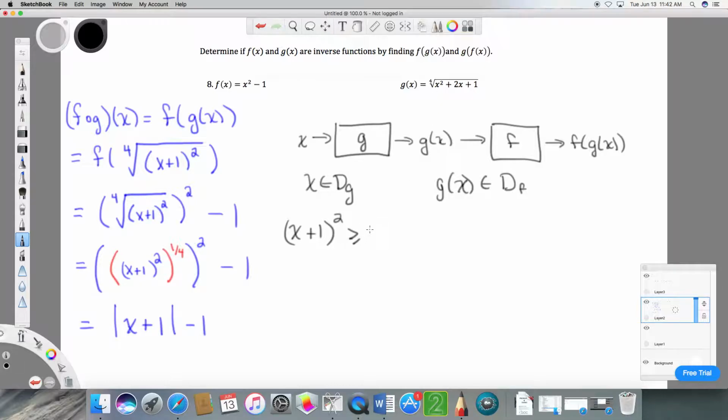So this has to be greater than or equal to 0. Well, it has a critical point of -1, and since this is equal, that's in there. And the x plus 1 squared, that's a parabola that opens upward, and that whole thing is entirely above the x-axis, and that's what we wanted. So our domain of g is all real numbers.